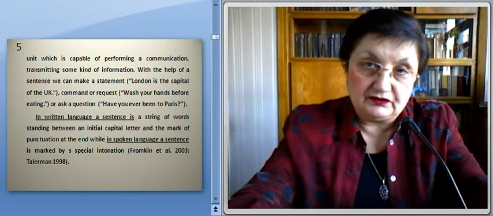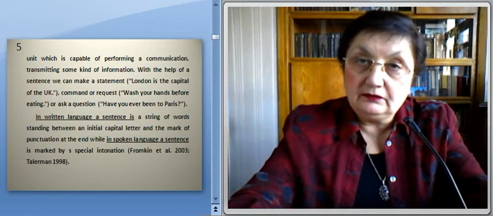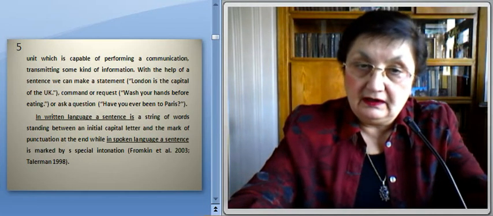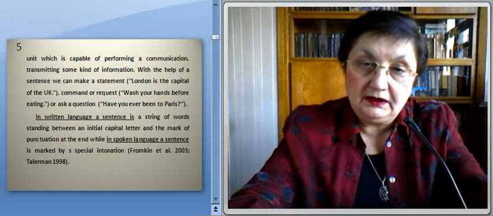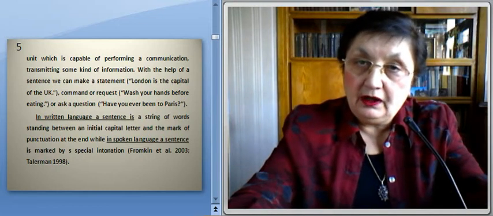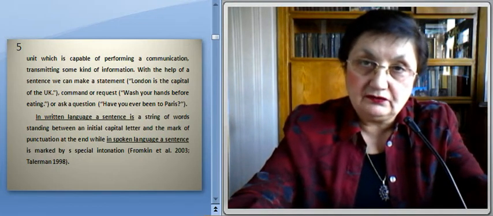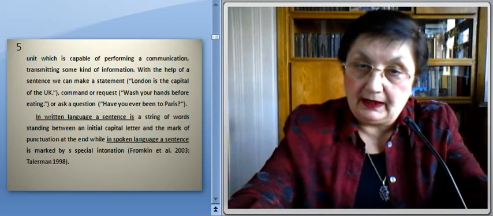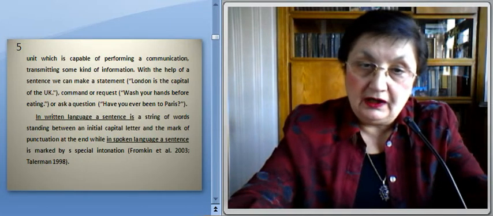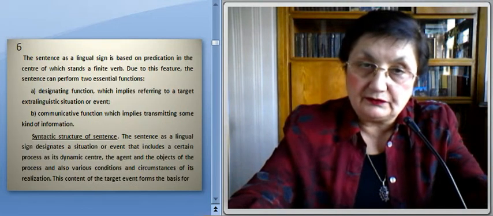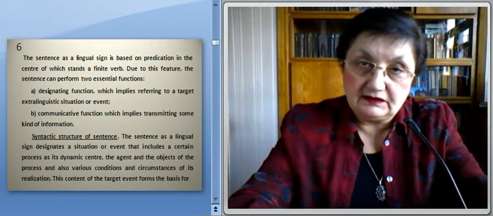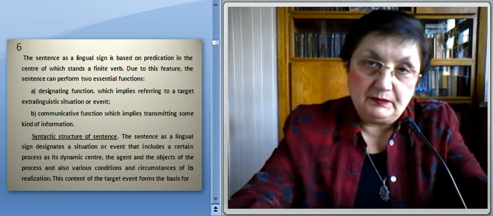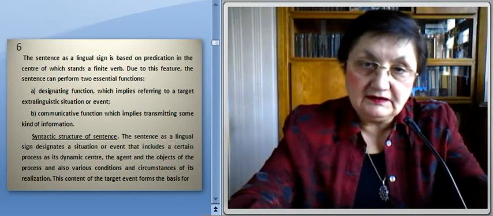In written language, a sentence is a string of words standing between an initial capital letter and the mark of punctuation at the end, while in spoken language, a sentence is marked by a certain intonation. The sentence, as a lingual sign, is based on predication, in the center of which stands a finite verb.